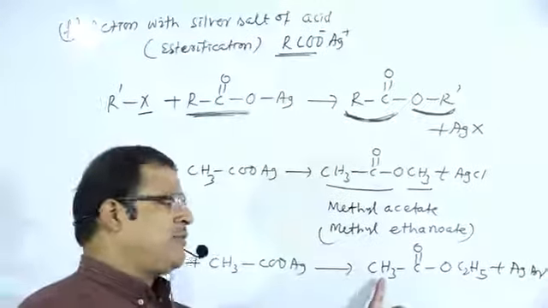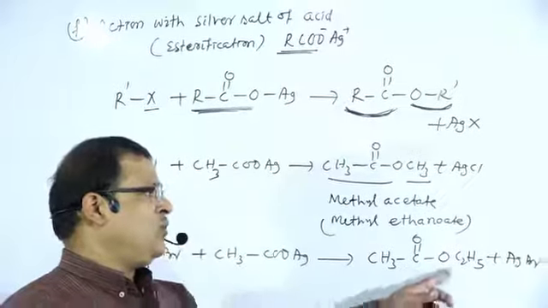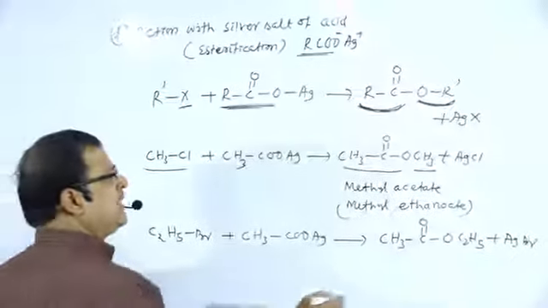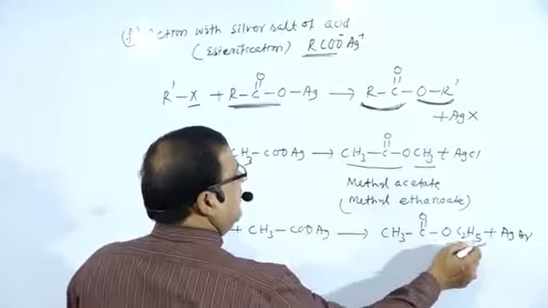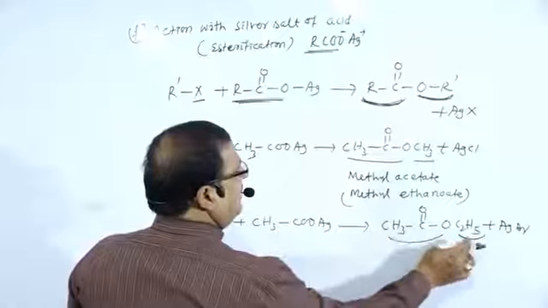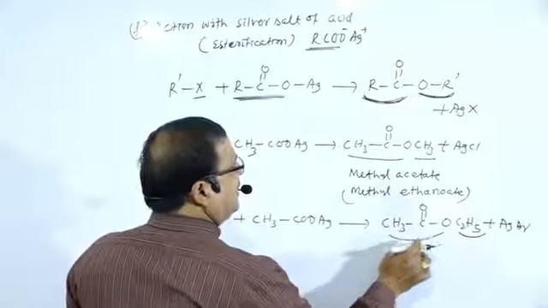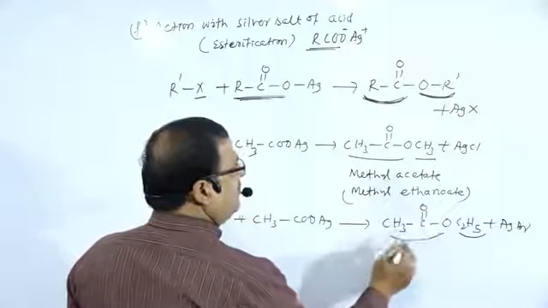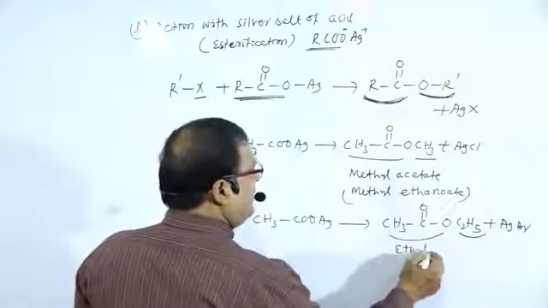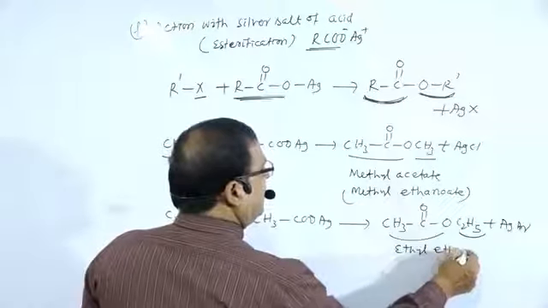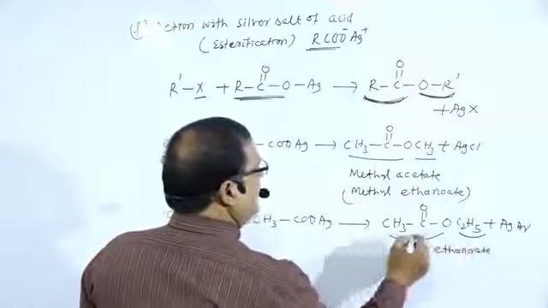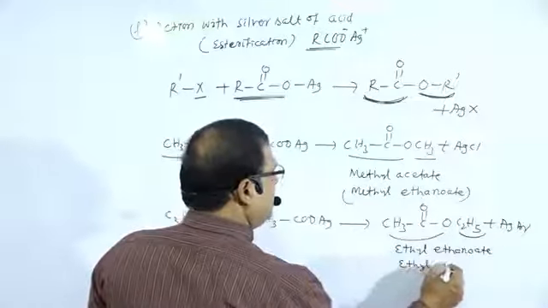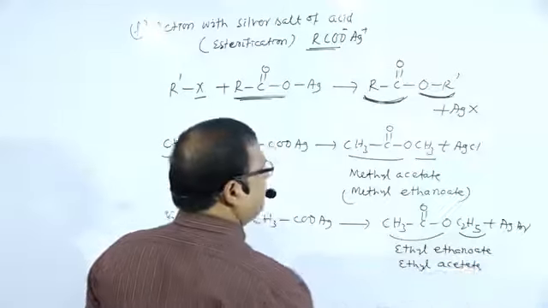Then what will be the name of this compound? It is in the form RCOOR', the formula for an ester, and esters are named as alkyl alkanoates. The IUPAC name is ethyl ethanoate, because the acid part contains two carbon atoms, and it is otherwise known as ethyl acetate, the common name.